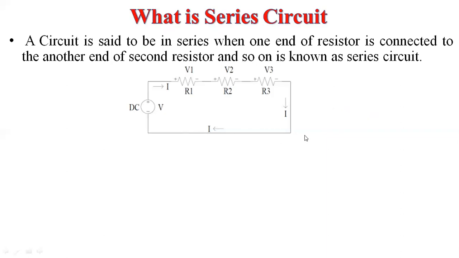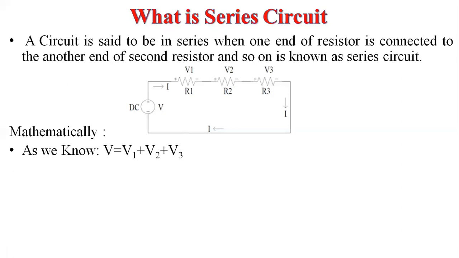Okay, so mathematically, as we know, the voltages across resistances R1, R2 and R3, the algebraic sum of these three voltages is equal to the applied voltage V. So we may write V is equal to V1 plus V2 plus V3. Okay.